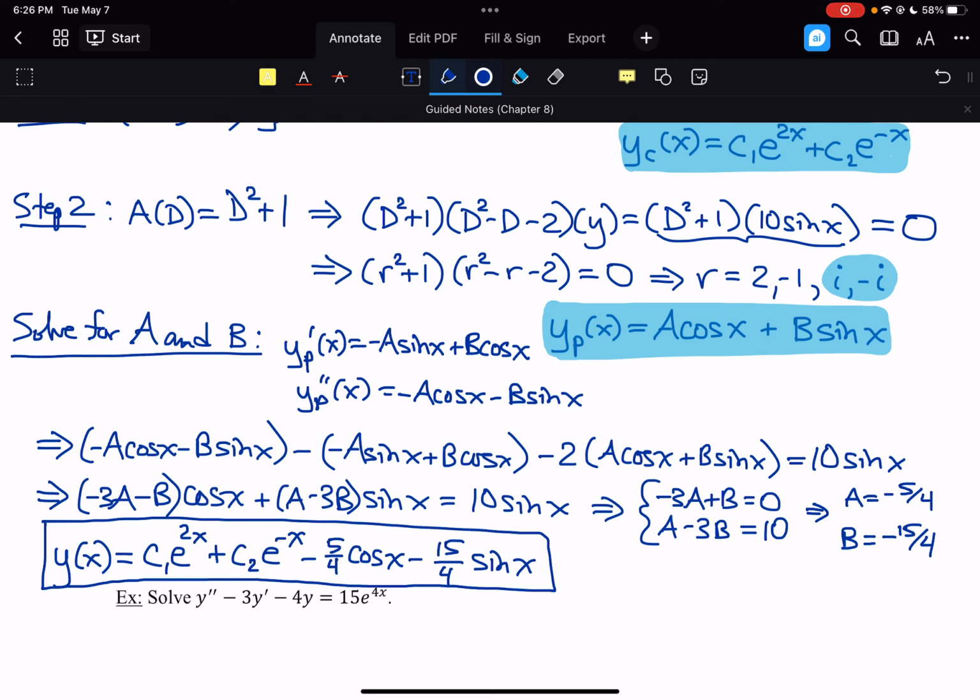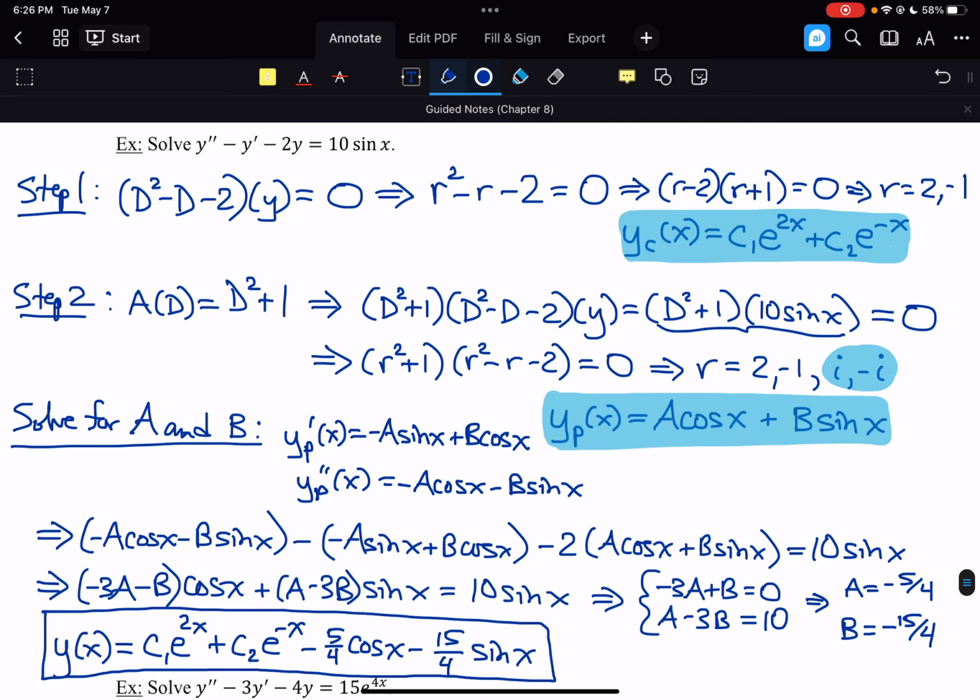And that will be our solution to that differential equation above. Again, by combining the complementary with the particular. So let's take a look at one more.